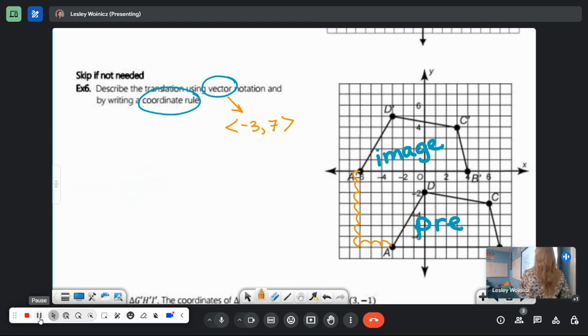Now I need to write that as a coordinate rule. So that'll be my x, y, maps to x something, y something. What do you think? X what? -3. And then the y? Good. Questions? Okay, rock and roll.